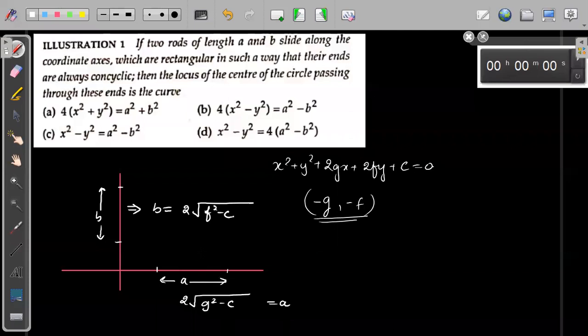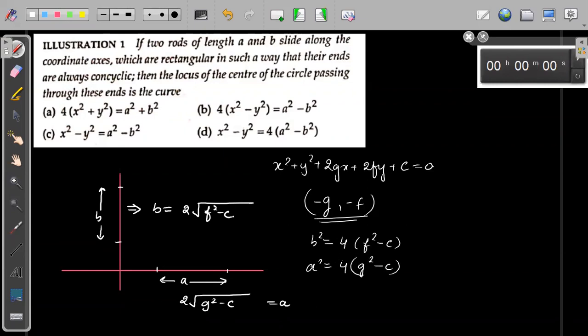So let's see. If this is correct, then we can square both sides. We'll get two equations: b square is equal to 4 into f square minus c, and a square is equal to 4 into g square minus c.